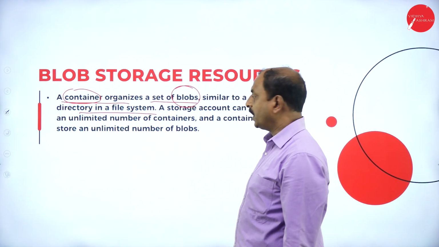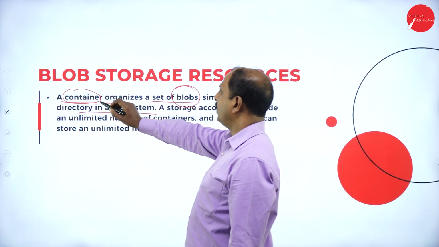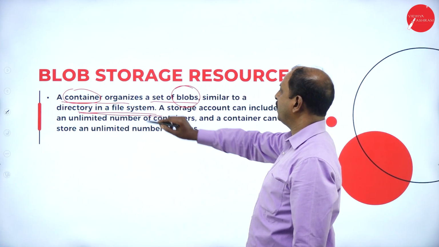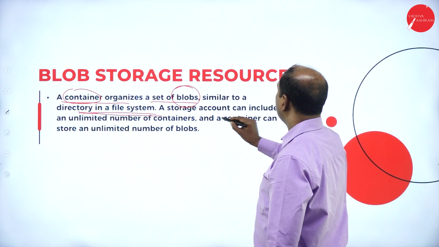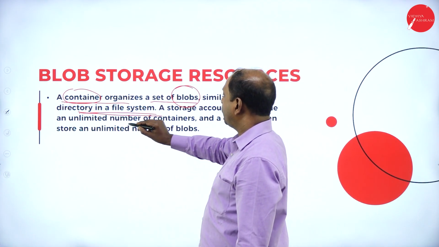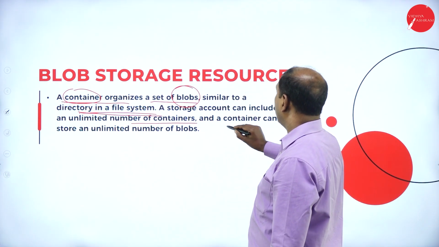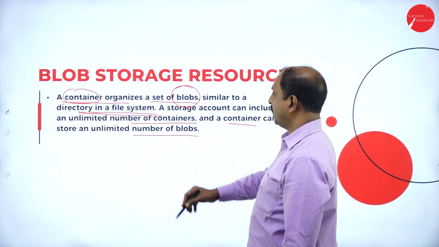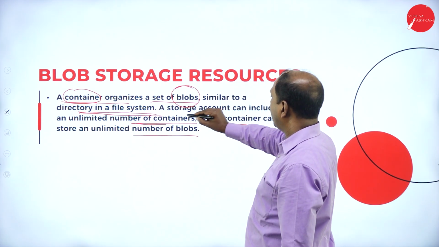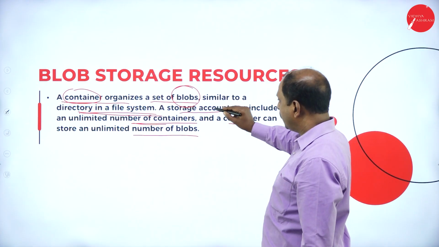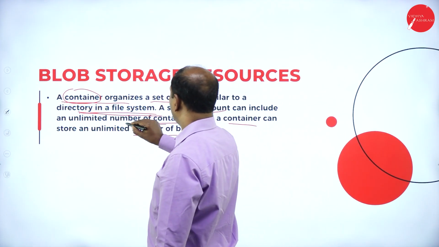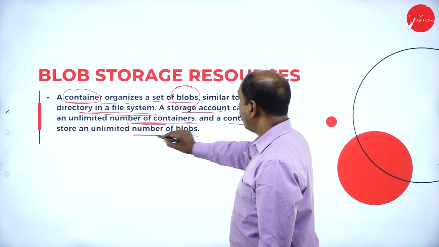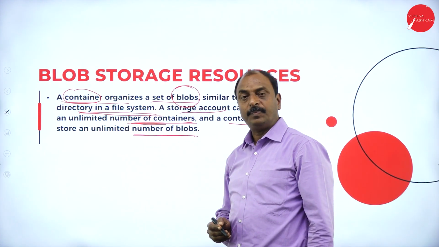The data are organized in blobs with the help of the container. A storage account can include an unlimited number of containers, and a container can have an unlimited number of blobs. See, this is the hierarchy. Here, the client can have a storage account, under this account you can have a number of containers, and each container will have a number of blobs for storing information.